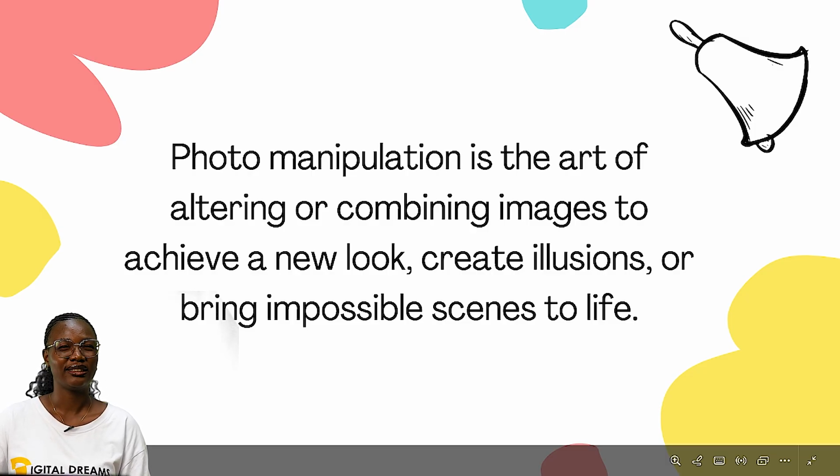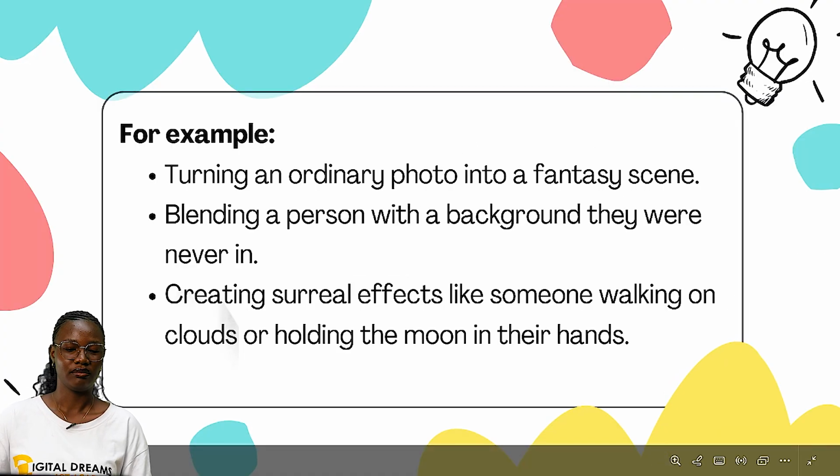It's like when you make the impossible possible, scenes or pictures possible. For example, turning an ordinary photo into a fantasy scene, blending a person with a background they were never in, or creating surreal effects like someone walking on a cloud or holding the moon in their hands.